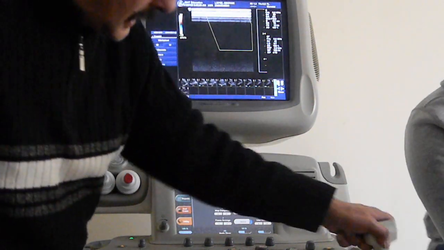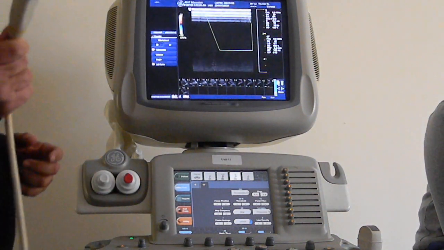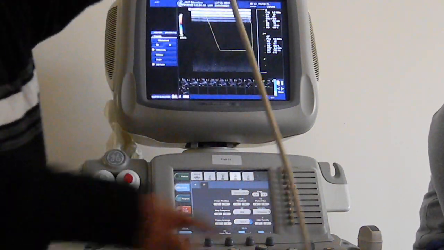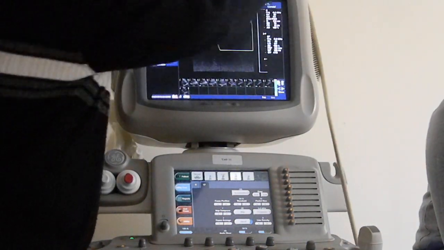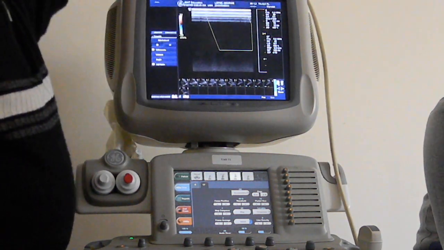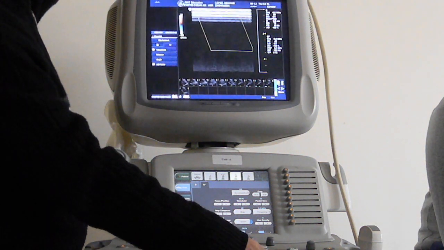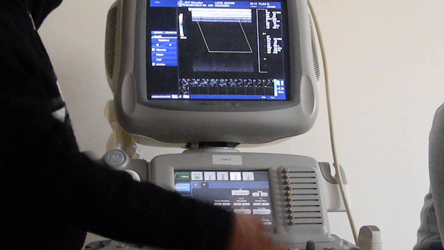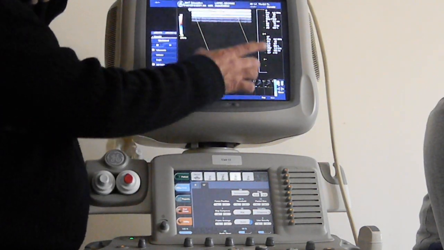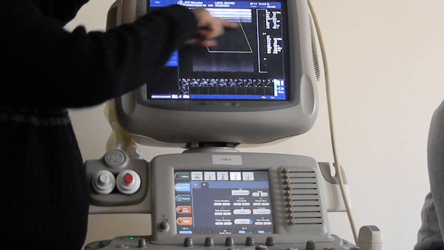Right now, this here is our transducer. Just think of it that if you were scanning, this is our route. You still have an image. Now let's say that we had a blood vessel here.